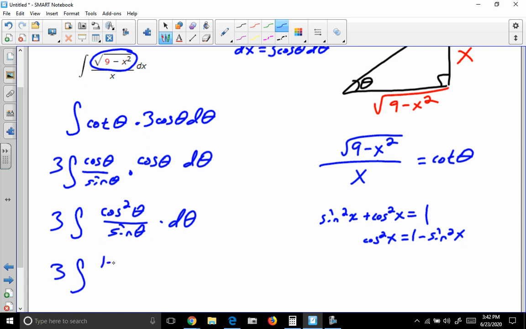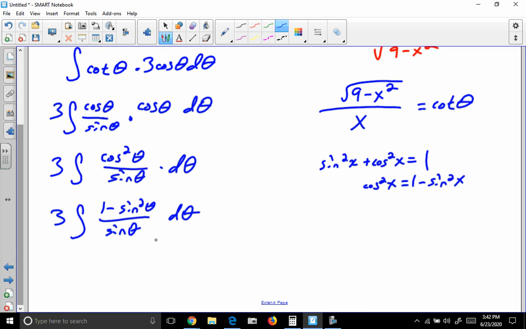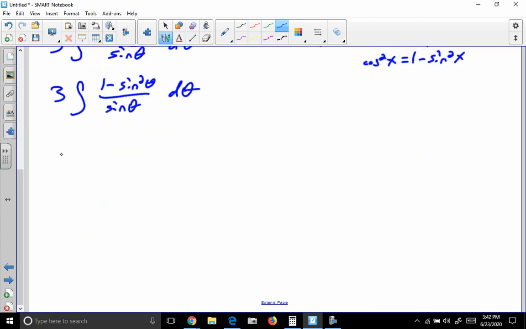If I replace cosine squared with 1 minus sine squared, then since we have two terms on top, we can divide each term by sine. So we could do 1 over sine. 1 over sine, what's that? That's cosecant. Sine squared over sine, that's sine. d theta.